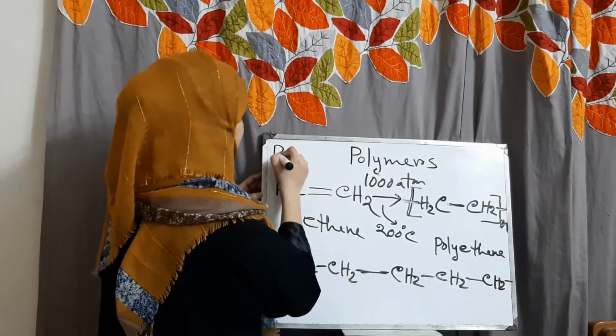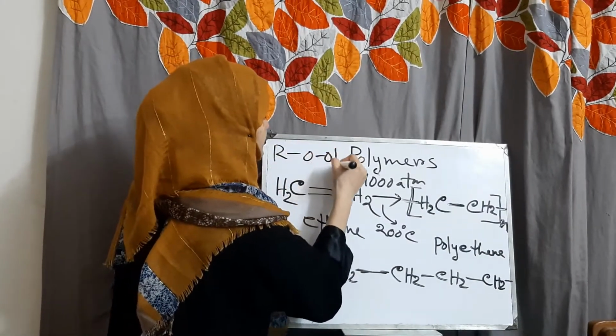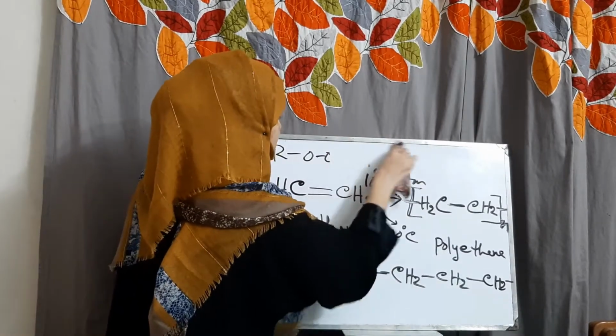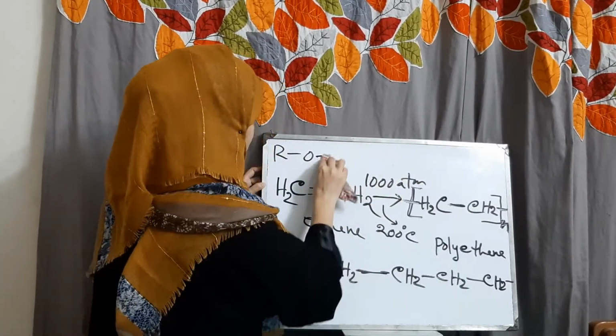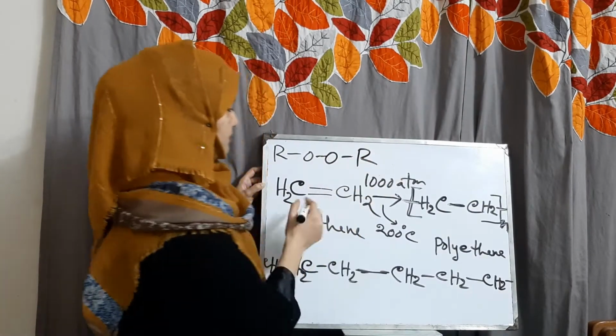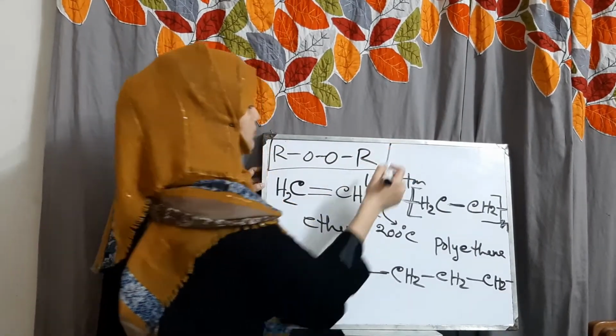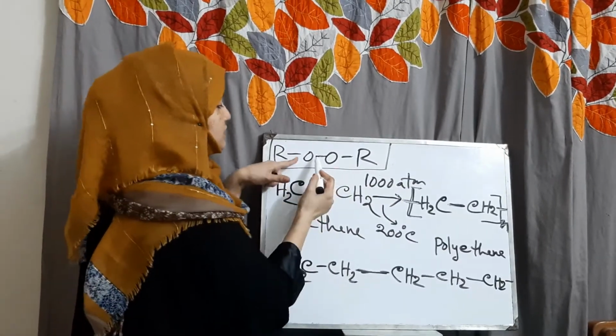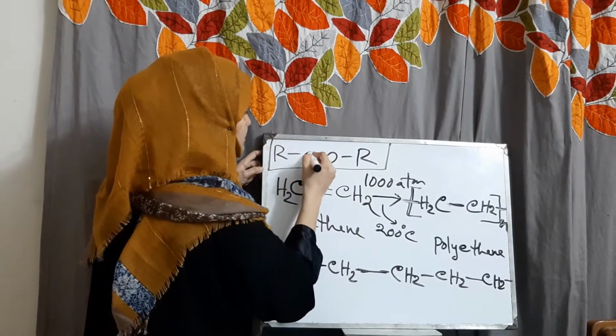Organic peroxide means, we know peroxide is this. Organic peroxide. The chemical formula of organic peroxide: R is the alkyl radical, and this is the peroxide group.